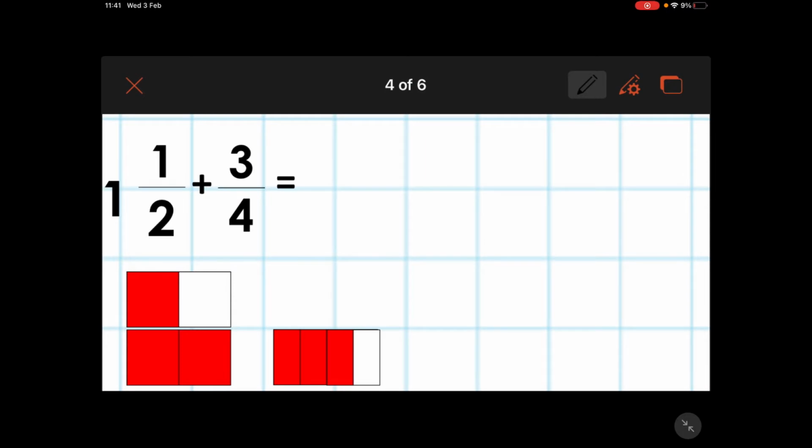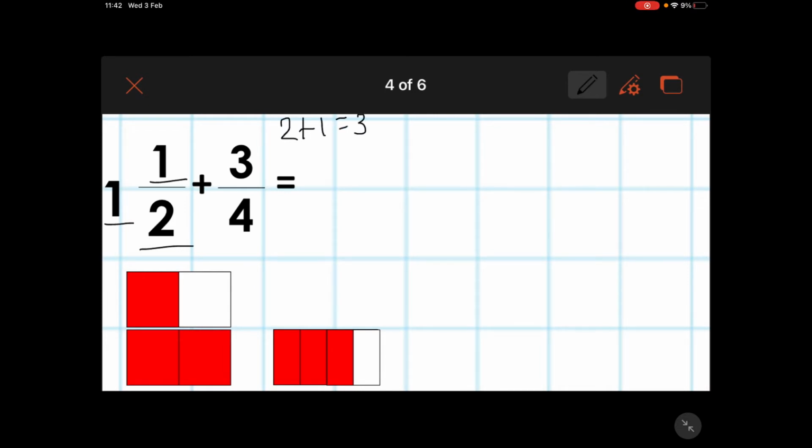My denominator of my mixed number fraction is 2, and I have 1 whole here. So that means I have 1 whole lot of 2. I have 1 lot of 2, which is 2, and I have 1 more part to add, which is the numerator. 2 and 1 is 3.